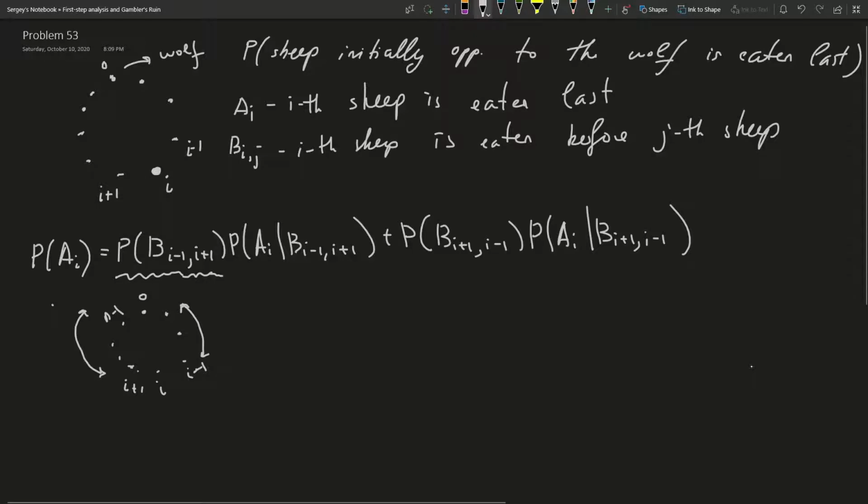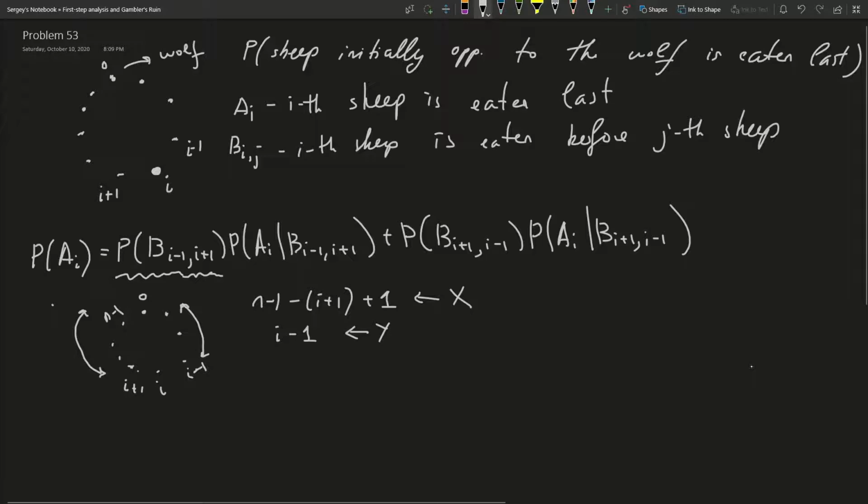So how many sheep do we have in this left part of the circle? Well, we have n minus 1 minus I plus 1 plus 1 sheep that x starts with. So this is what x starts with. And then on the right side of the circle, how many sheep do we have? Well, from 1 to I minus 1. So that's I minus 1 sheep. This is what y starts with.